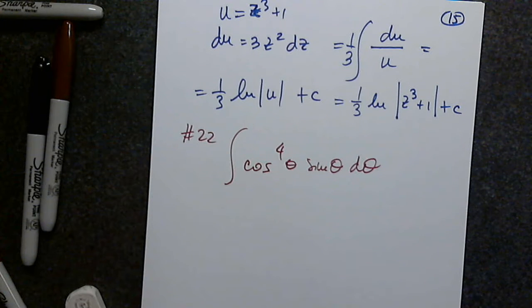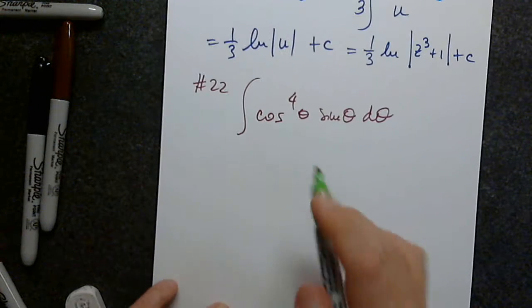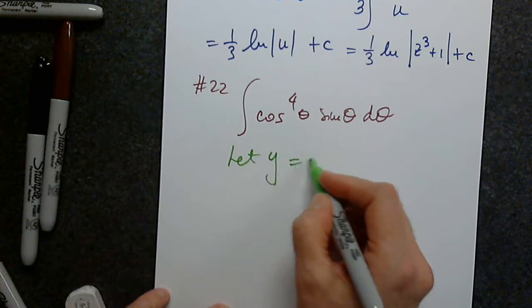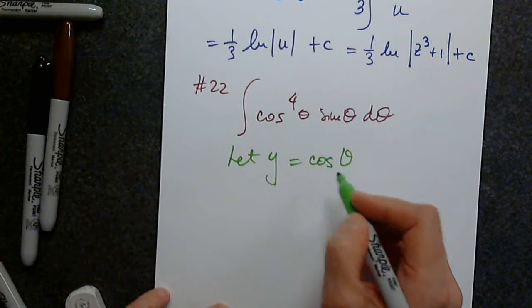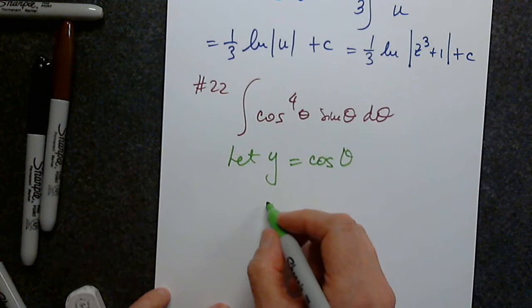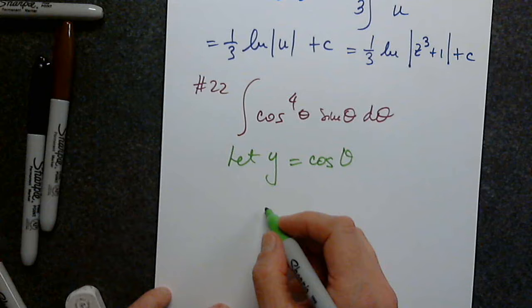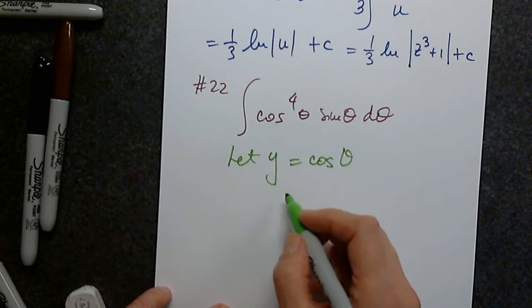What do you think? What don't you like here? Right, I don't like that. It's a cosine, it's a function raised to a power. Of course, I don't like that. So I'm going to say, let y be cosine theta. Only if what is in the problem? Sine theta.